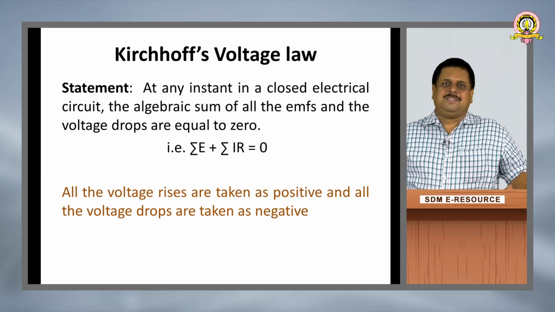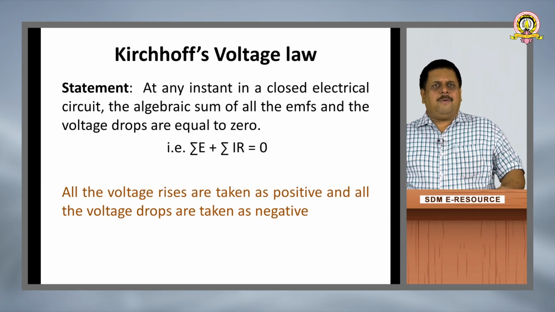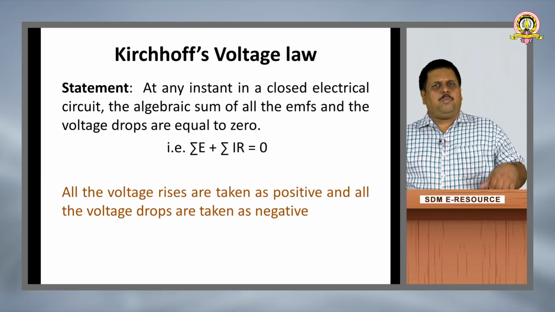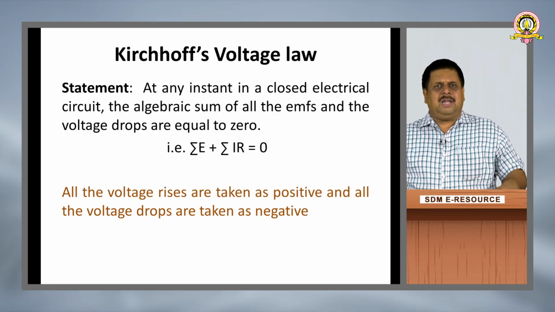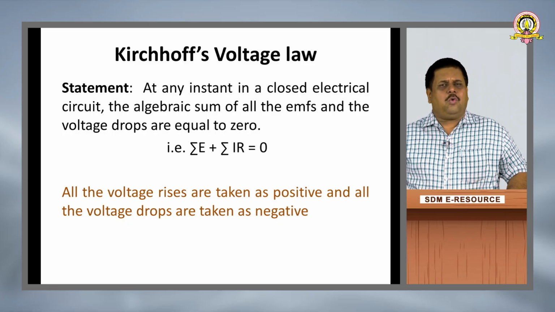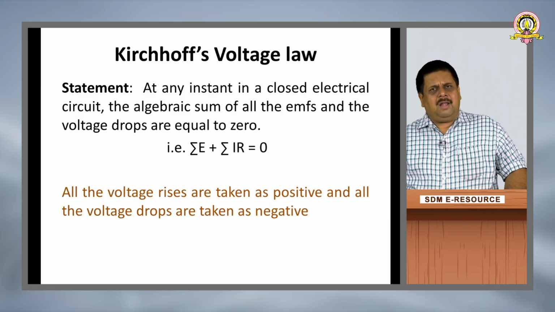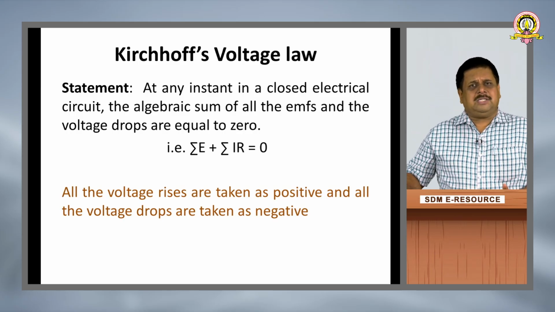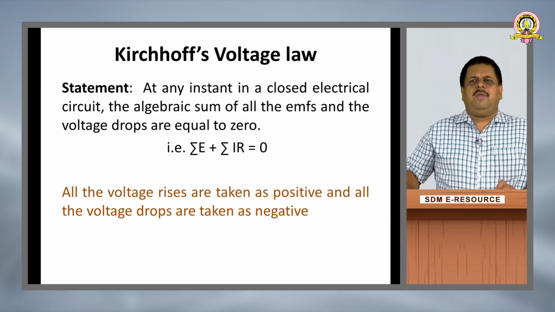Here voltage rise means if you move from the negative terminal of the battery to the positive terminal of the battery, then we call it potential rise or voltage rise. And if we move from the positive terminal to the negative terminal, we call it a fall in potential, which is taken as negative.